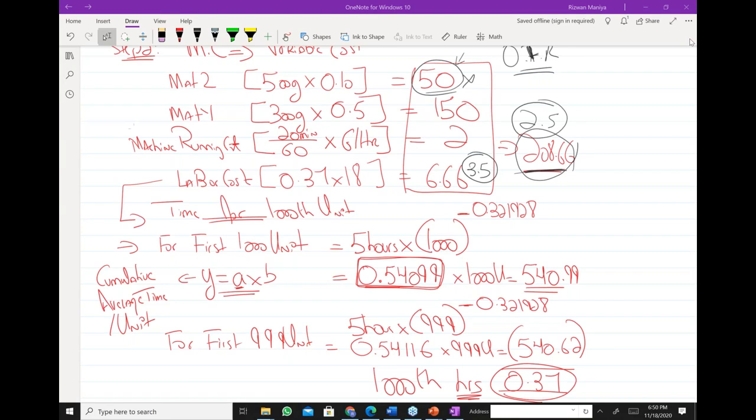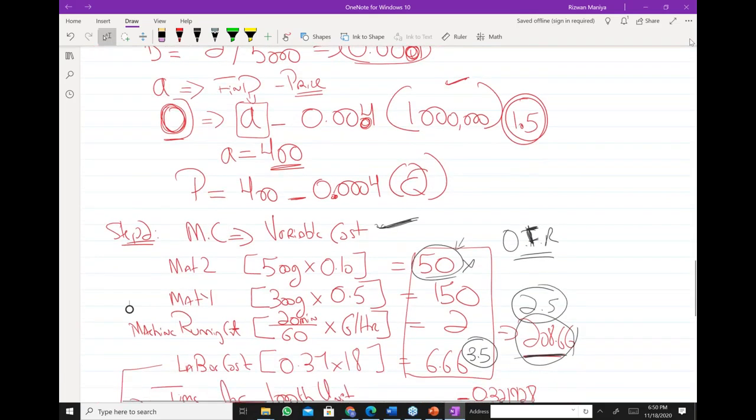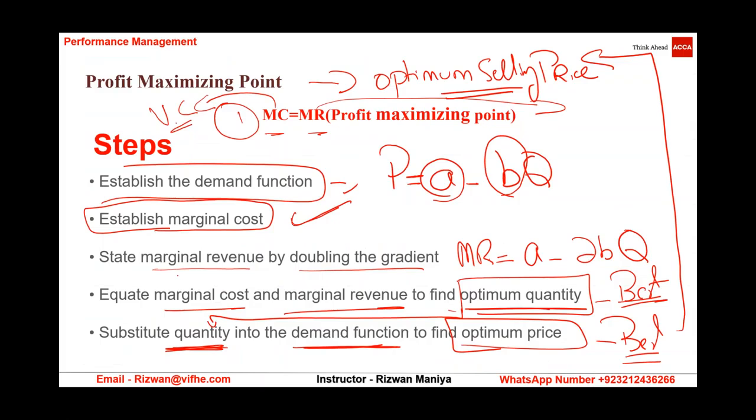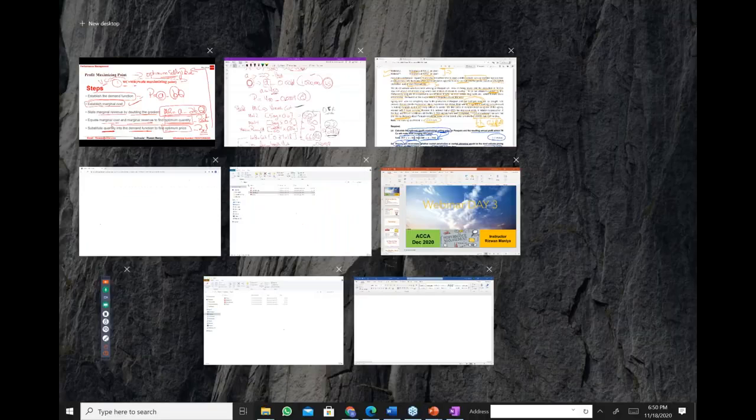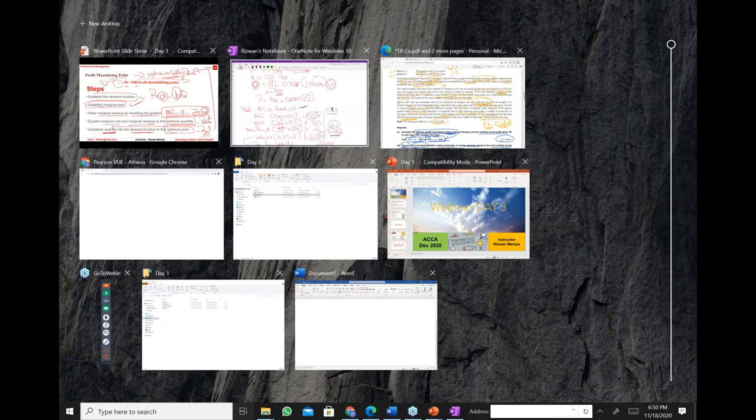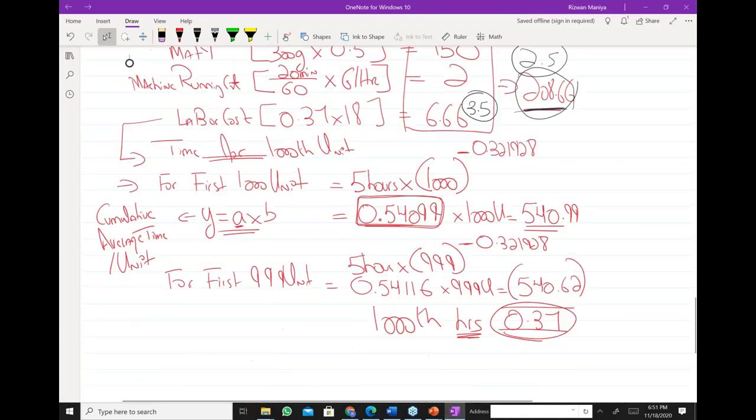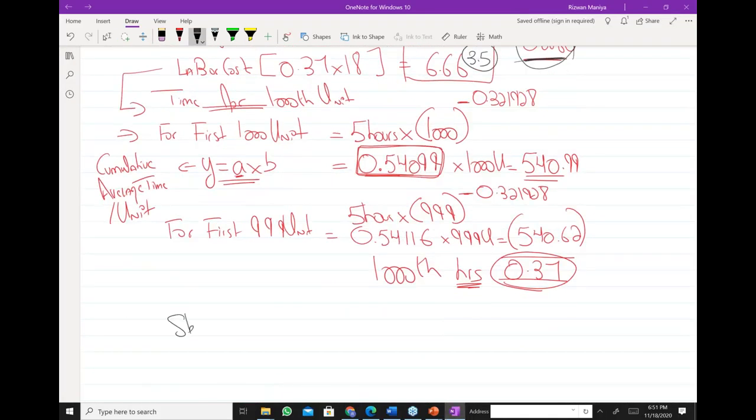Okay, so we are done with the first two steps. Let's go to the notes and see what next is. State marginal revenue by doubling the gradient. Okay, so we now need to write the marginal revenue equation. I'm just using step-by-step technique here.